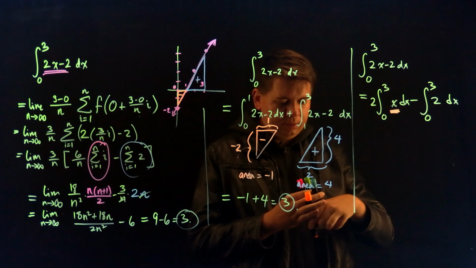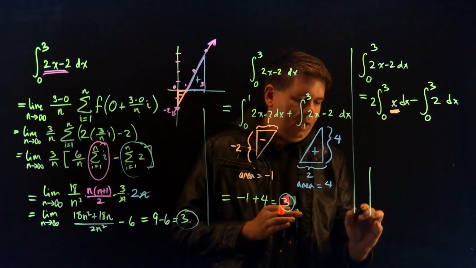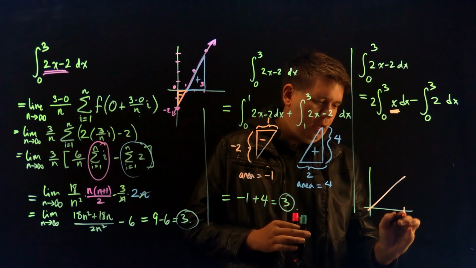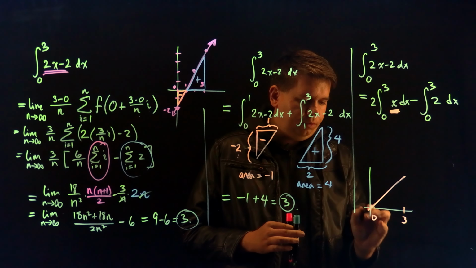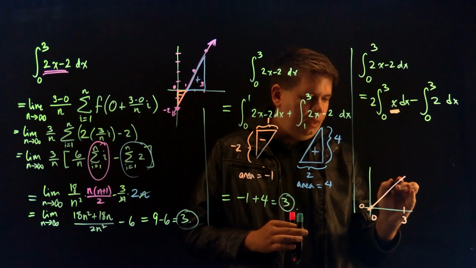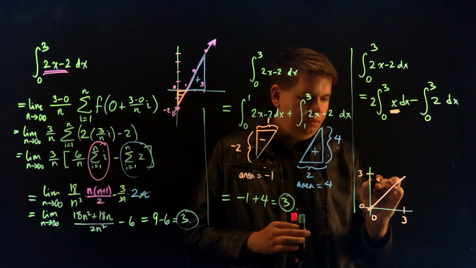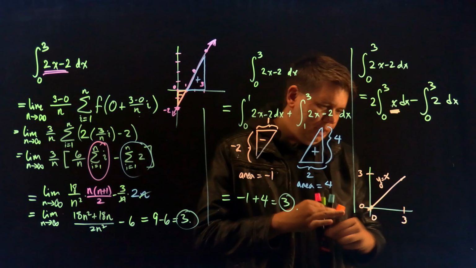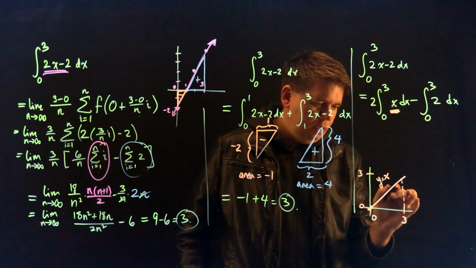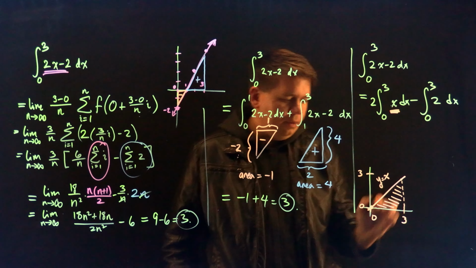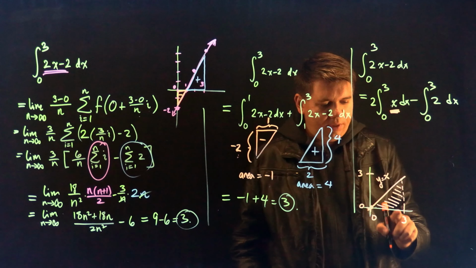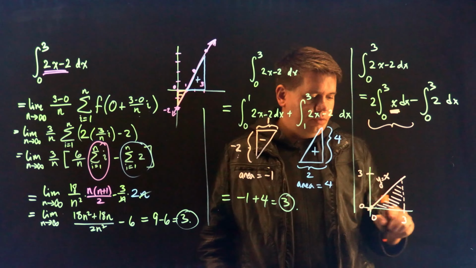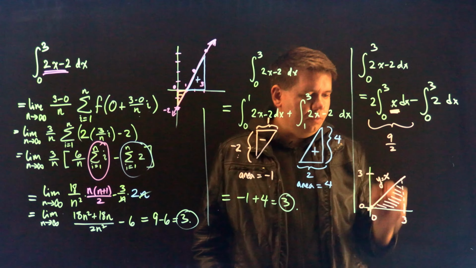If we draw its graph from 0 to 3, it would be just the line y equals x, and this area is just the area of this triangle. A triangle of base 3, height 3. So this guy has area 3 times 3, which is 9, divided by 2.